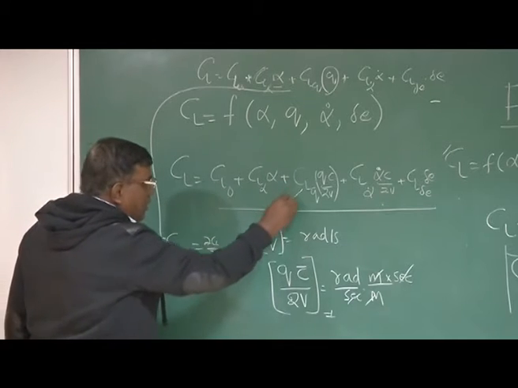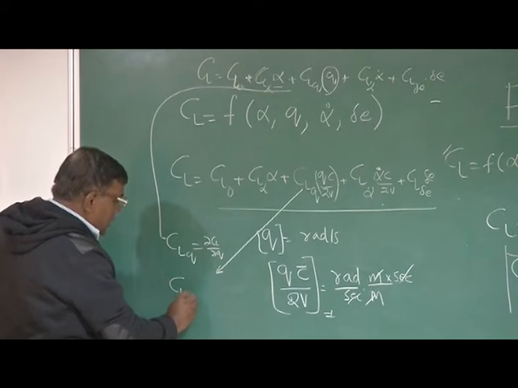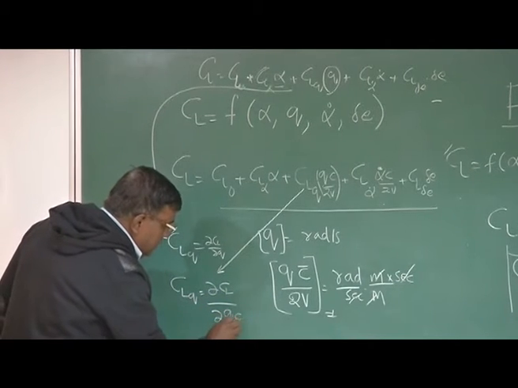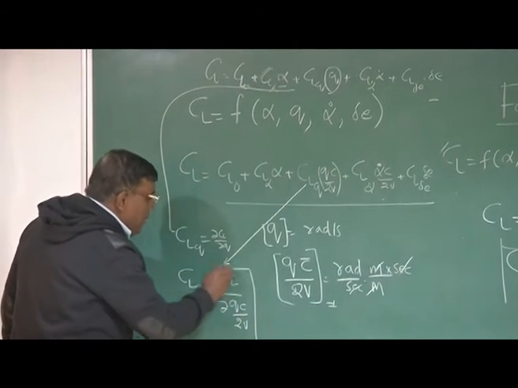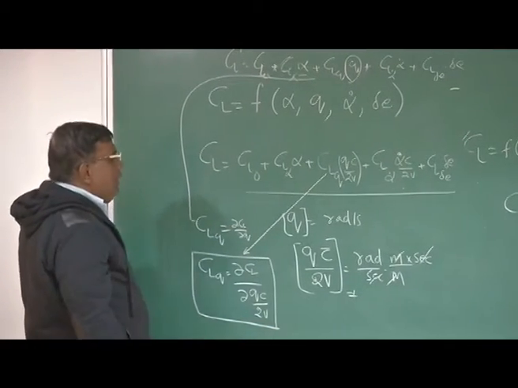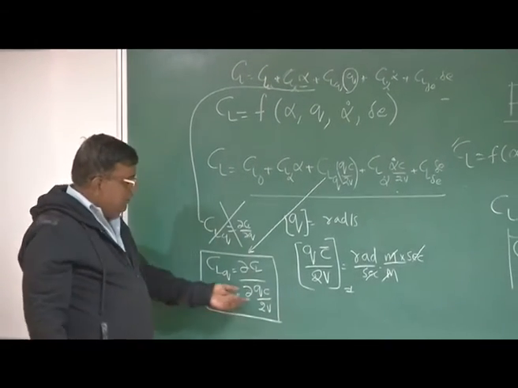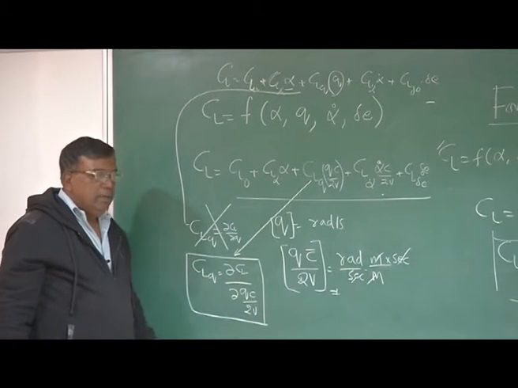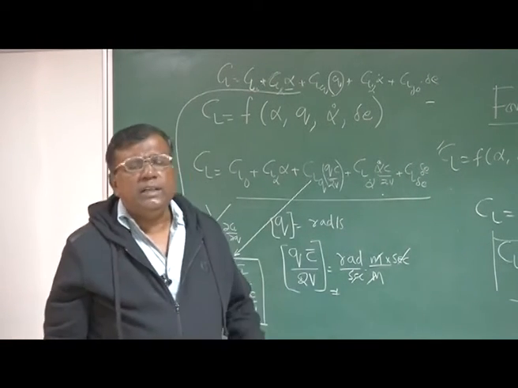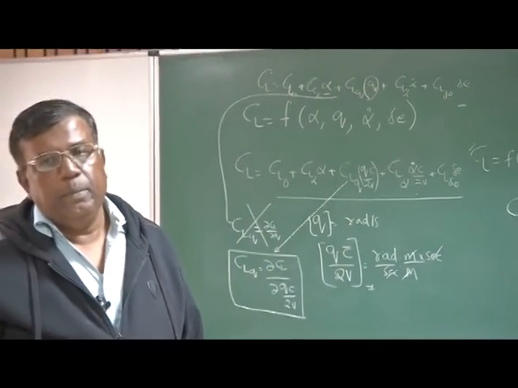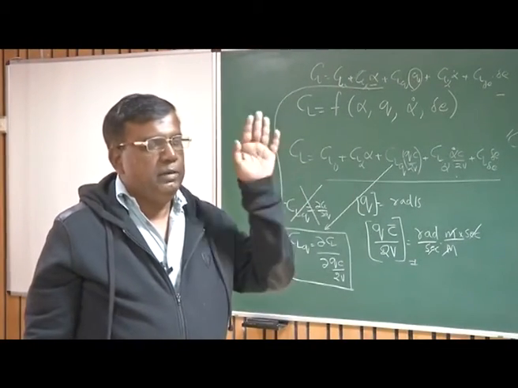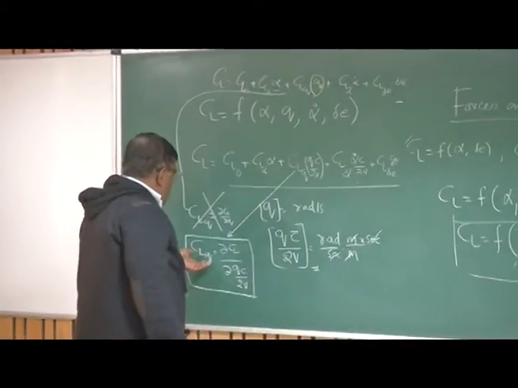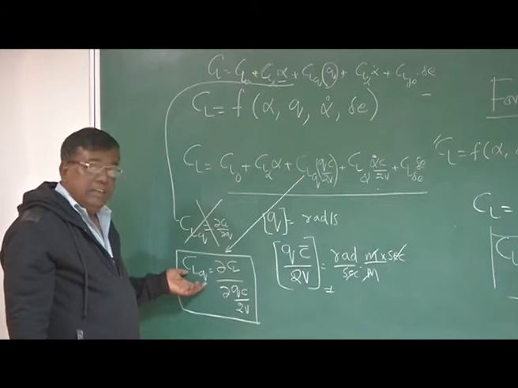But in this way, please note that CLQ is dCL by d(QC by 2V). This is a non-dimensional quantity. The physical meaning is: what is the change in CL because of Q? If there is a positive Q, pitch up, how much is CL going to change? That is what this derivative, this gradient, will tell us.